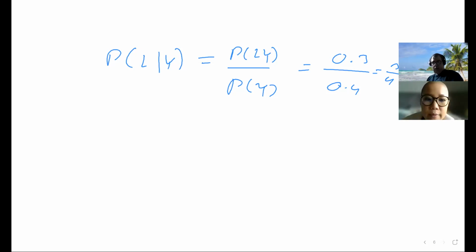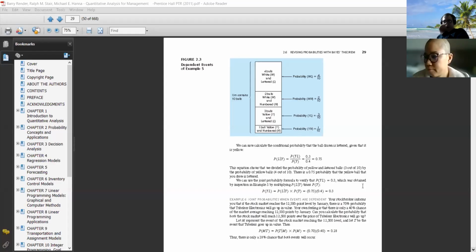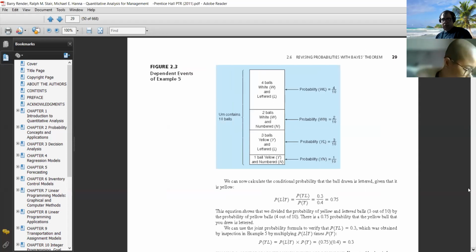Just a minute. Are you able to see this picture? Yes. Page 29. Yeah. Just a minute.